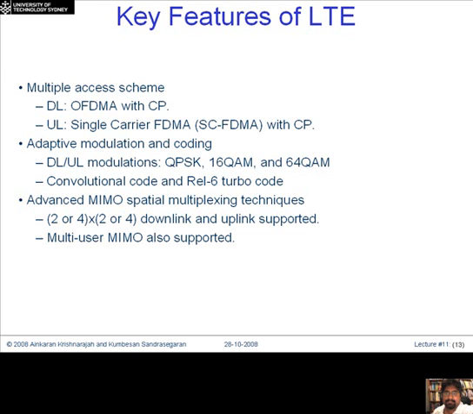That means you could have either 2 or 4 transmitters at one location, and either 2 or 4 receivers at another location. By using MIMO, you're able to obtain a much higher data rate.